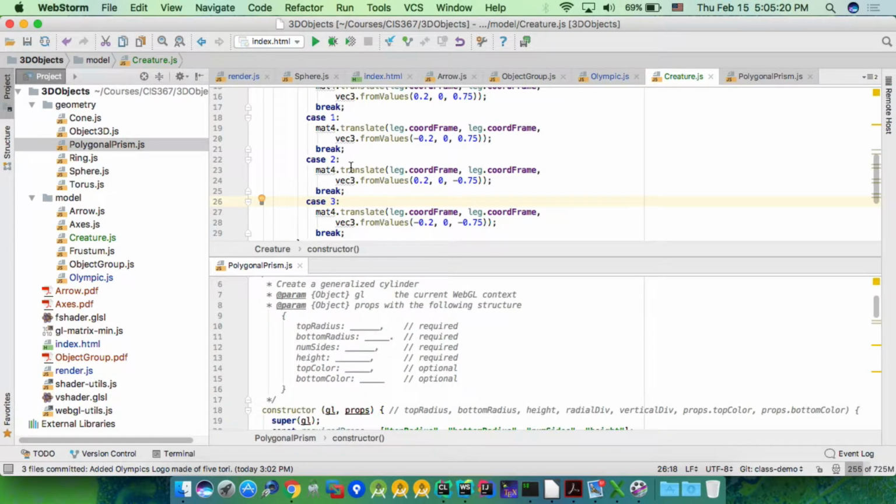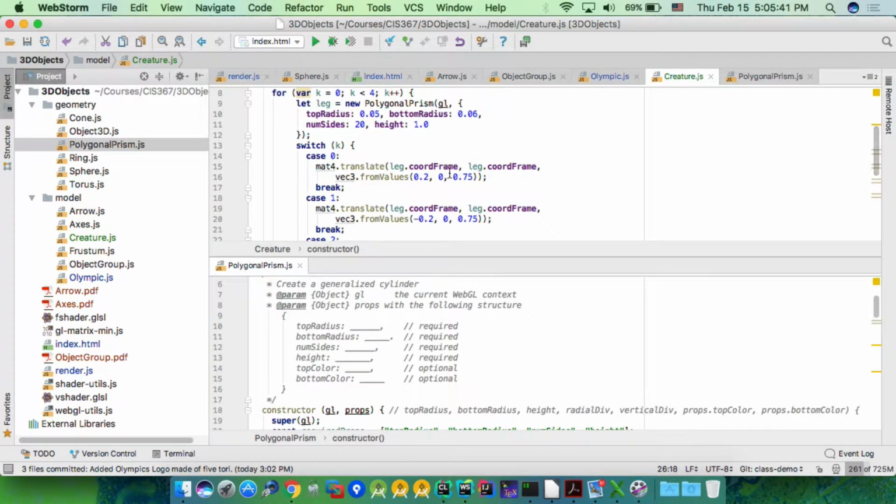Okay, let's do that. So now that means the translation will be done with respect to the XY plane, right? Okay. So then it is a matter of changing the translation to XY instead of XZ.